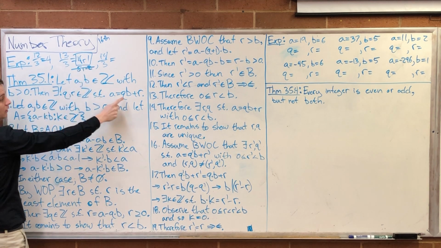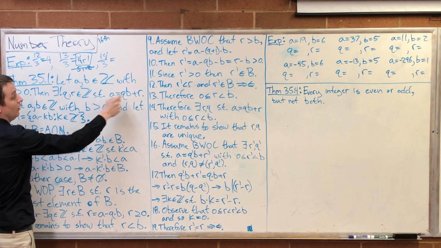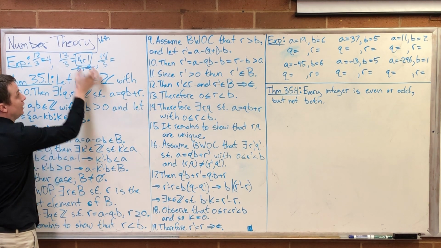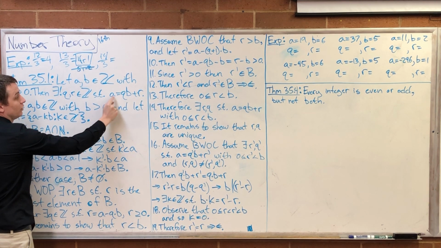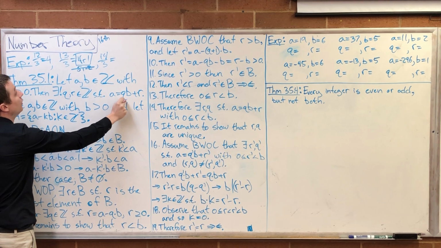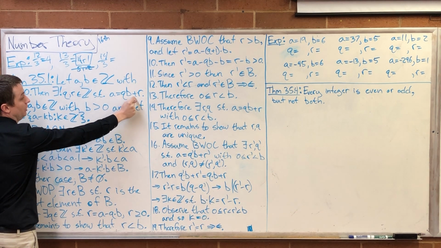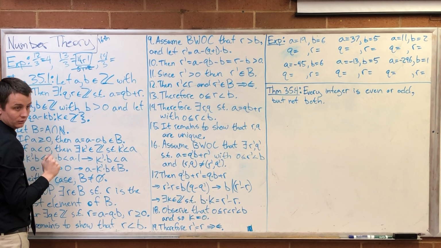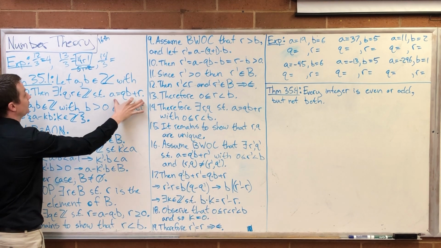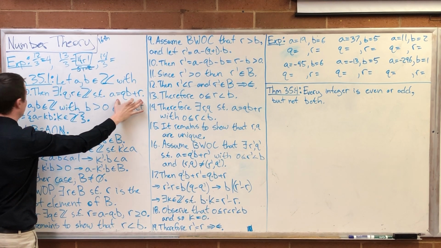Quotient, remainder. There exist unique q's and r's, namely 4 and 1, such that 13 is equal to 4 times 3 plus 1. You with me on that? Now this is how it's capturing that idea.